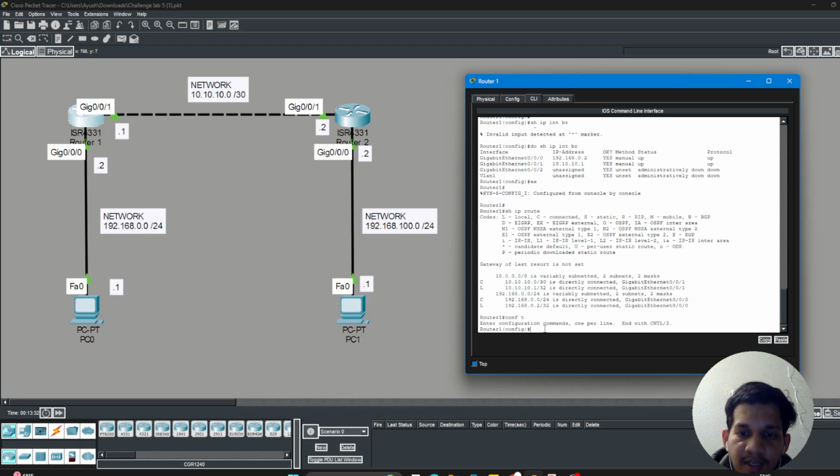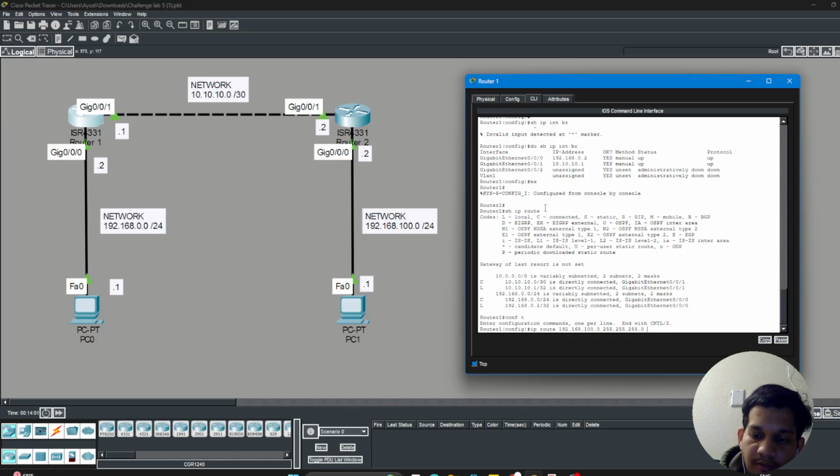So go to configure terminal, config mode. The command for the static route is ip route, then the network we are trying to reach, 192.168.100.0, with mask 255.255.255.0, and then the next hop, which will be the IP address of G0/1 of router 2.